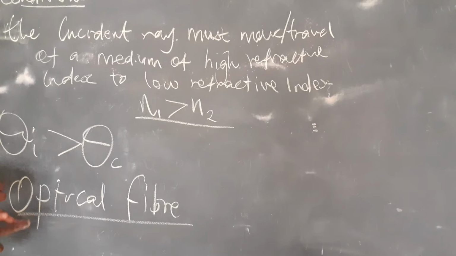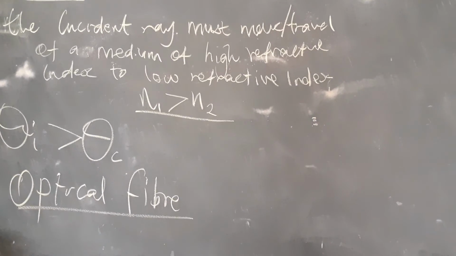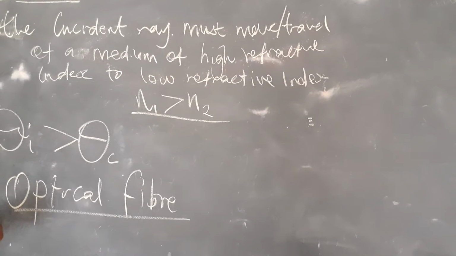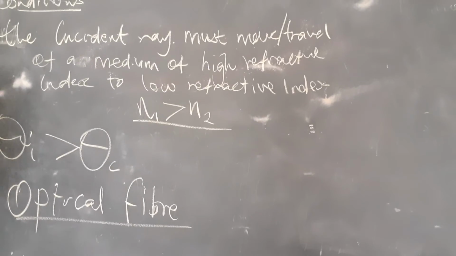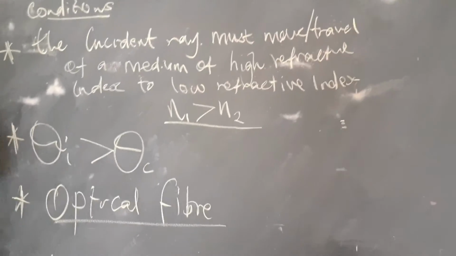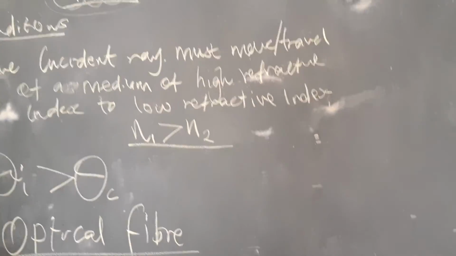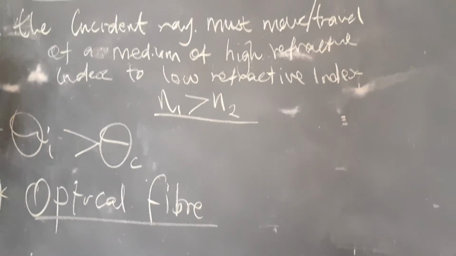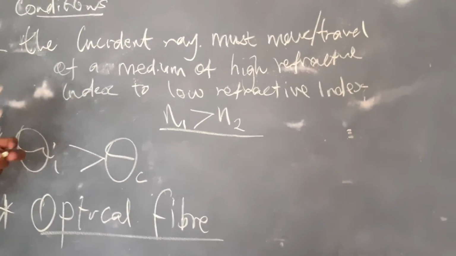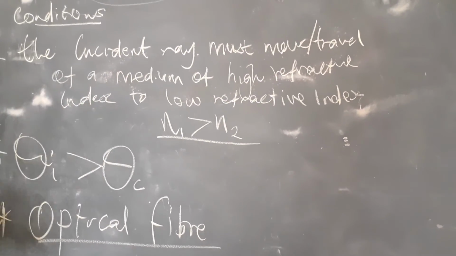We also use them in medical instruments, where if I want to check what is happening in your lungs or maybe in your stomach, I just put it in your mouth, and the light will tell me exactly what is going on.